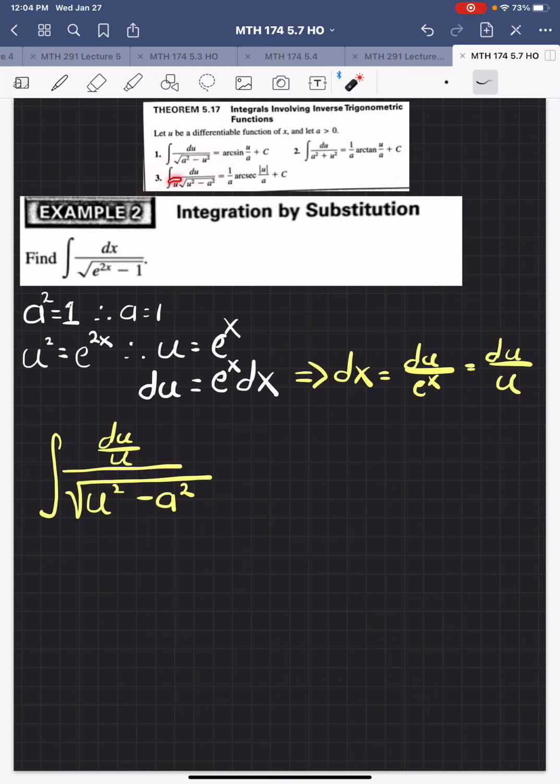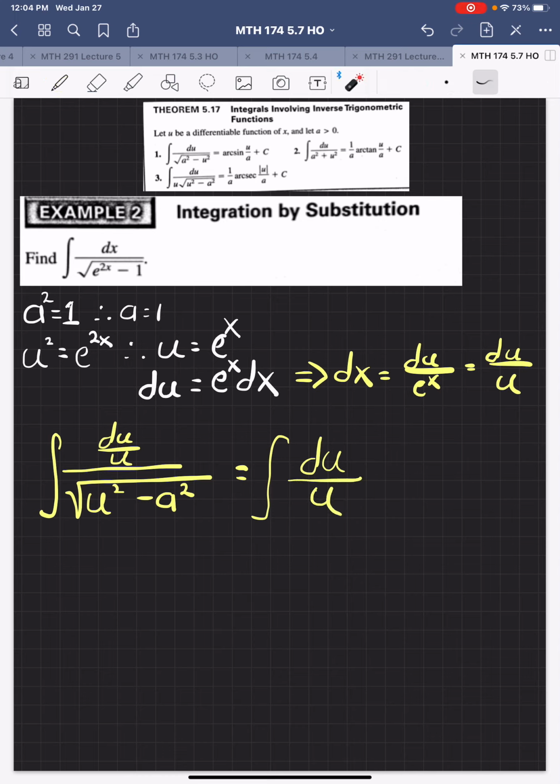I don't see how there's a u here. I don't see anything attached to the radical. Well, as soon as you manipulate this, you can rewrite that as the integral of du over u.